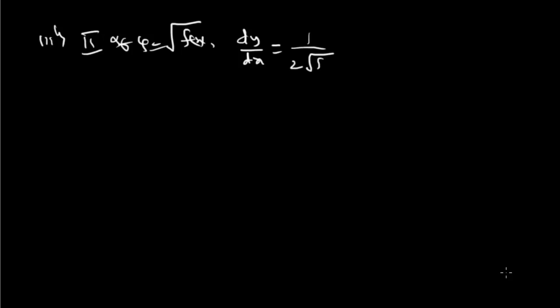Similarly, the second one: if y is equal to root of fx, we put u is equal to fx and y is equal to root u. dy by du is 1 by 2 root of u and du by dx is f dash x. So dy by dx is 1 by 2 root of fx into differentiation of fx, that is f dash x.